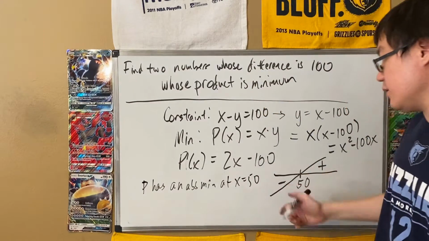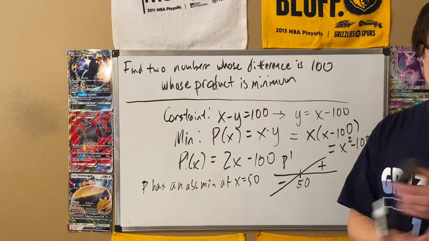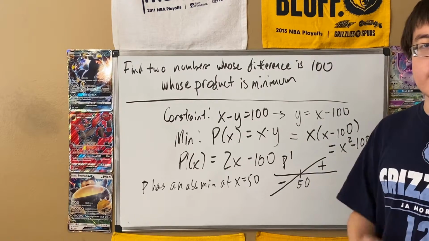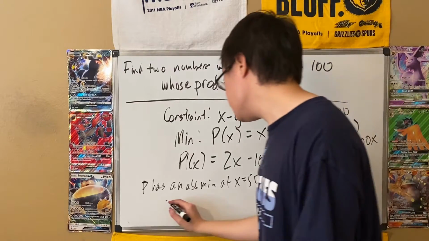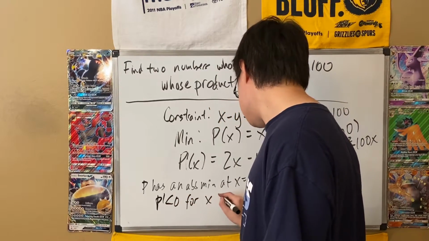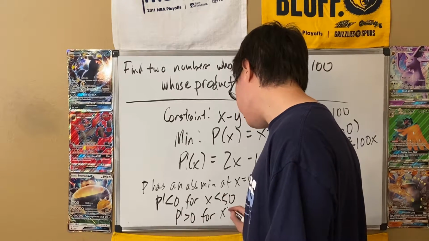And again, it's because P prime, this is a sign chart of P prime, goes from negative to positive. A better way to say it is P prime is negative for x smaller than 50, and P prime is positive for x bigger than 50.